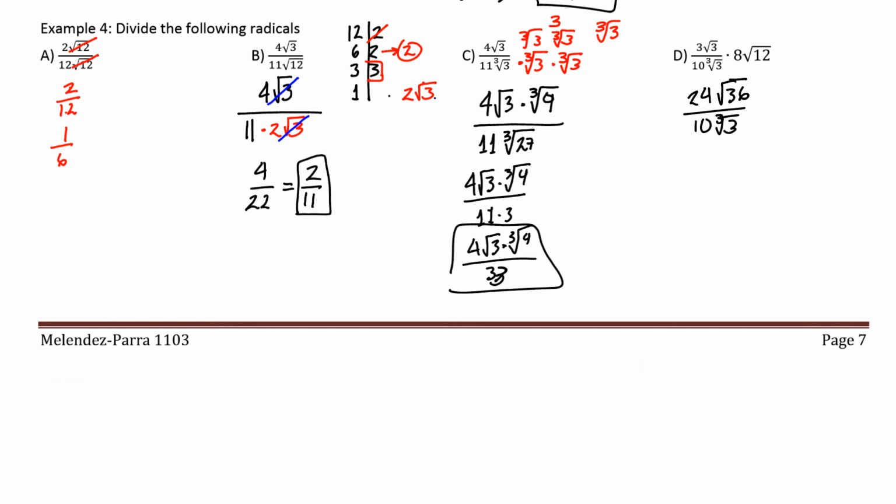You know that the square root of 36 is a perfect square, so you're going to simplify it into 144 over 10 square root of 3.